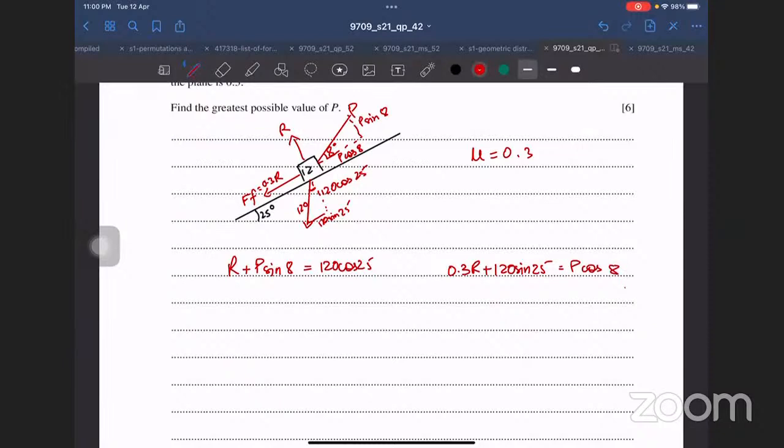So using a substitution, R is 120 cos 25 minus P sin 8.